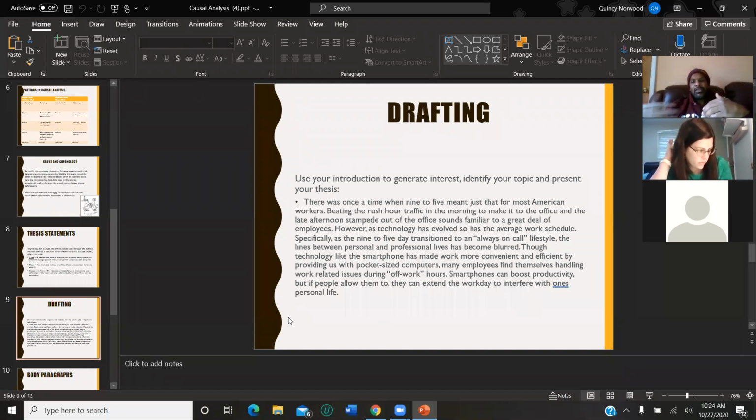Meaning don't tell the reader what they already know, or don't state the obvious. Think of a way that would capture your reader's attention, right? Because you're going to have to keep them engaged throughout the paper, but I think the way you start kind of sets the tone for your essay. Okay, so think of an interesting way to begin.